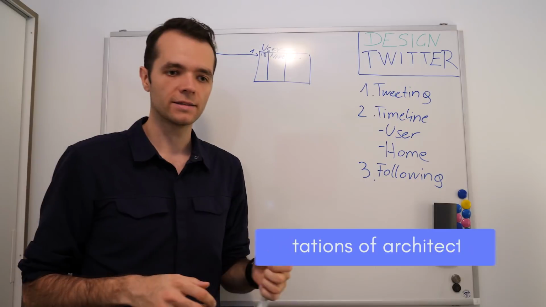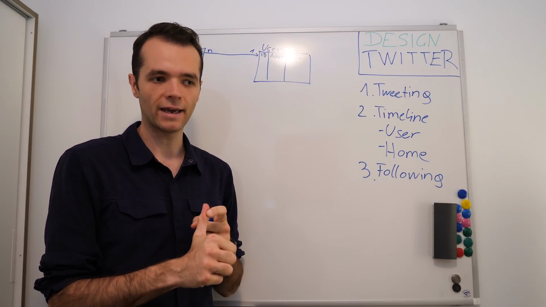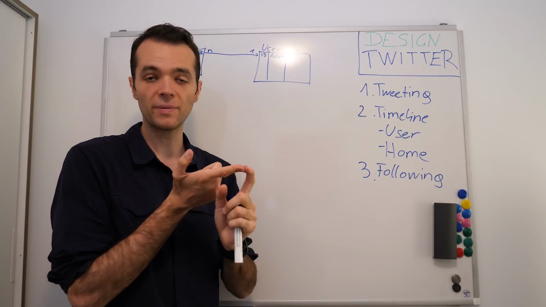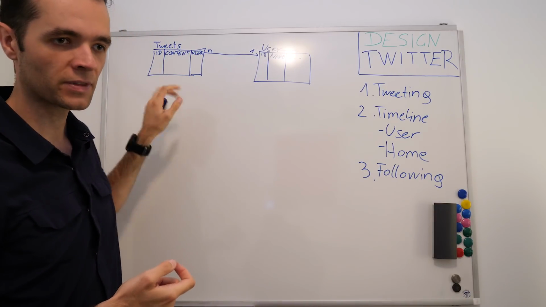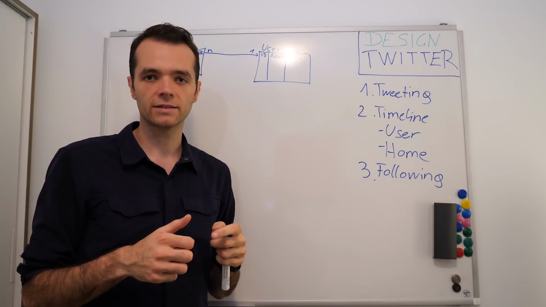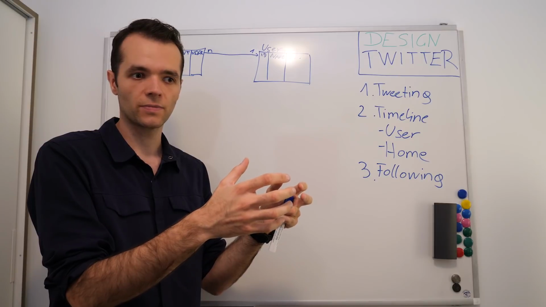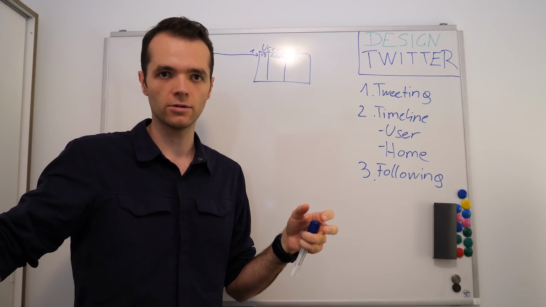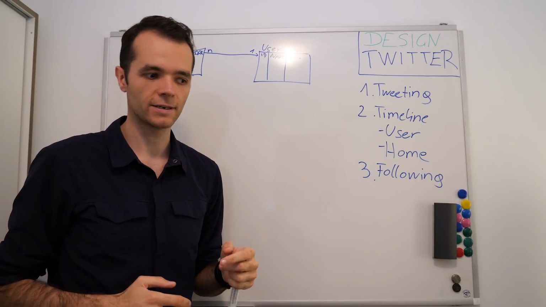Now, if you think about this, what would happen if the user accesses his home timeline? It would mean that we need to know who this user is following, and then do a big select statement over this tweets table, like give me all the tweets from all the people I follow and merge them in chronological order, right?